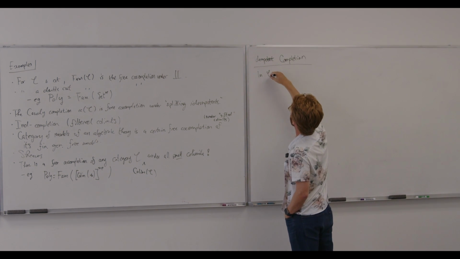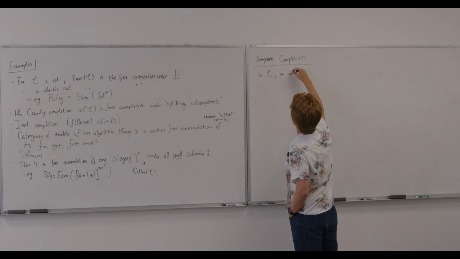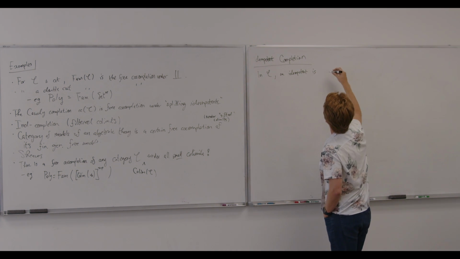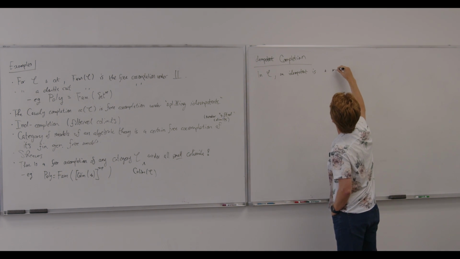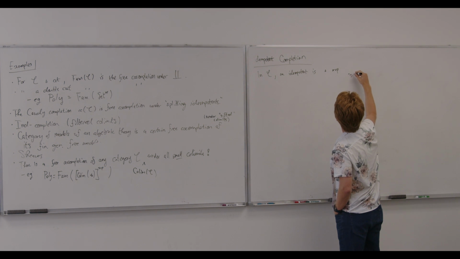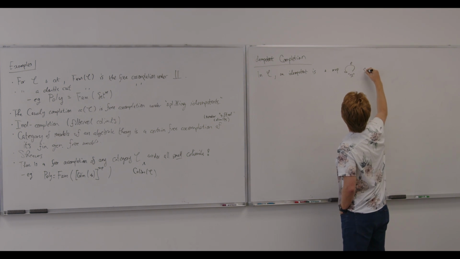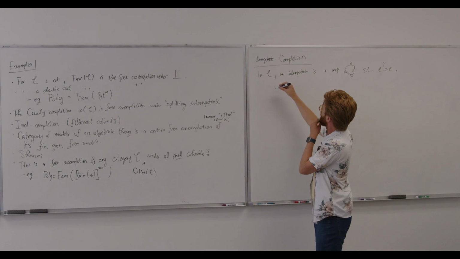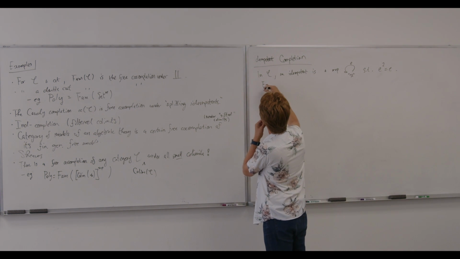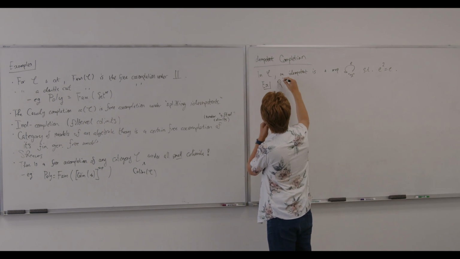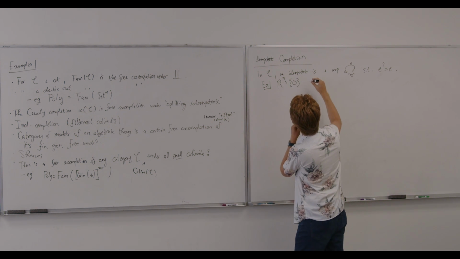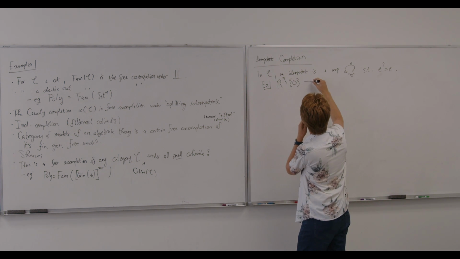Okay, so an idempotent is an endomorphism which squares to itself. So imagine a punctured Euclidean space.